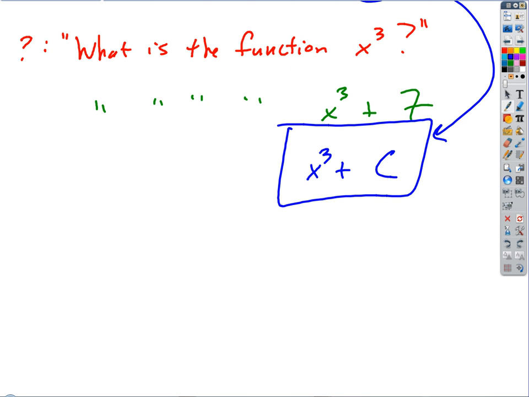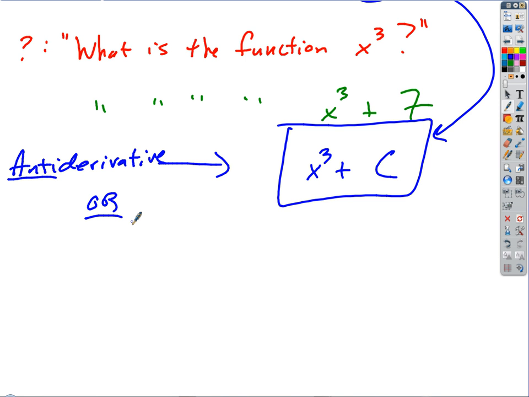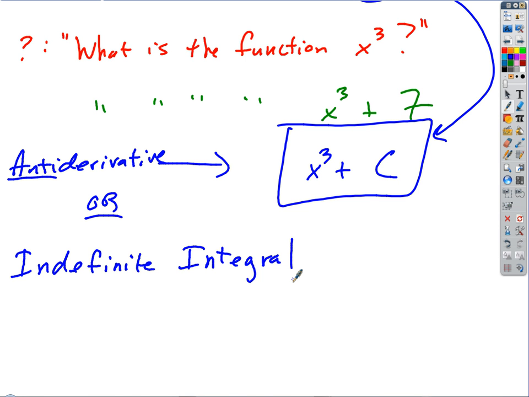So let's give this a name. We'd call this an antiderivative, or the synonym for that is an indefinite integral. We're going to call it an antiderivative for now.